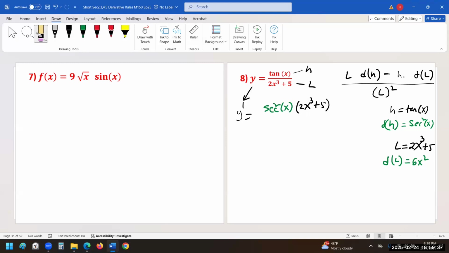And I don't have space, so let me do minus here. Our denominator's derivative is 6x squared. And we multiply by tangent x. The whole thing divided by the denominator squared, 2x cubed plus 5 squared.